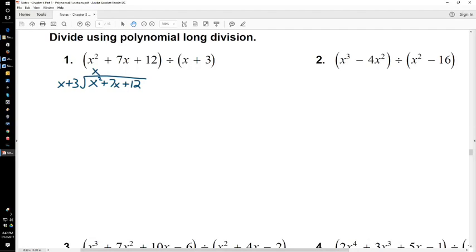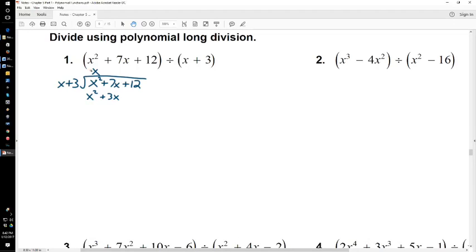Okay? And now I distribute that back to the front. So x times x is x squared. x times 3 is 3x. Okay? Let's go ahead and subtract those. Oh, that is not how I wanted to do it.